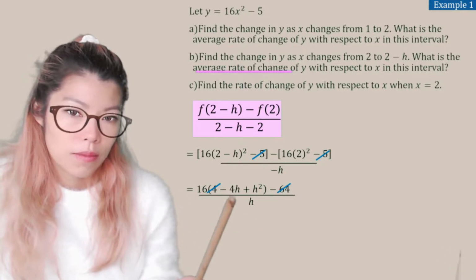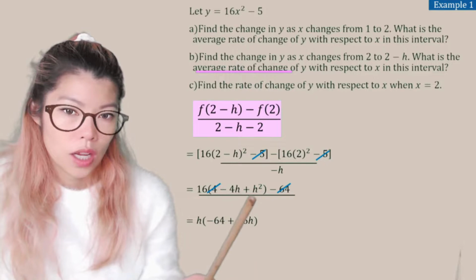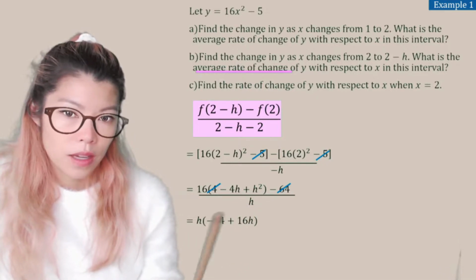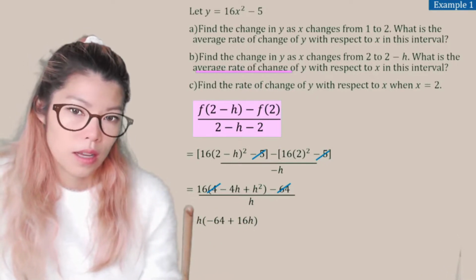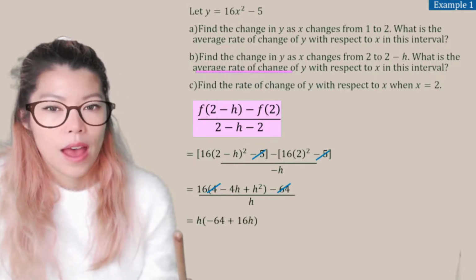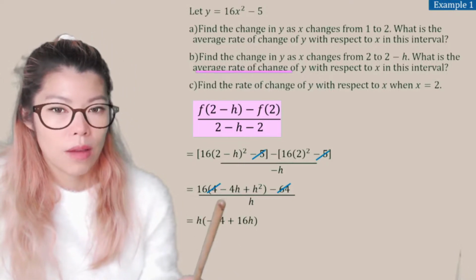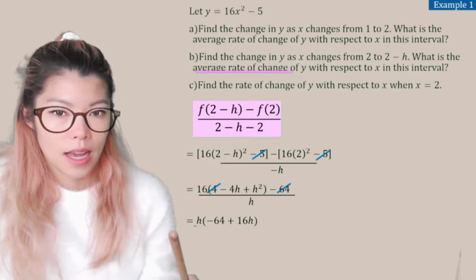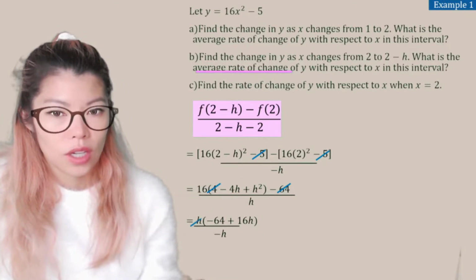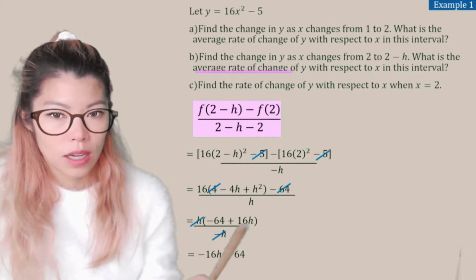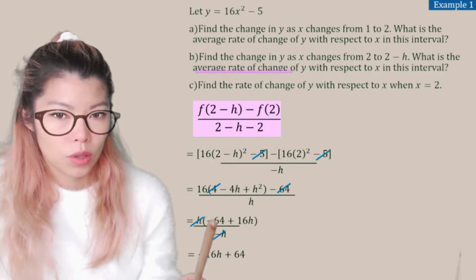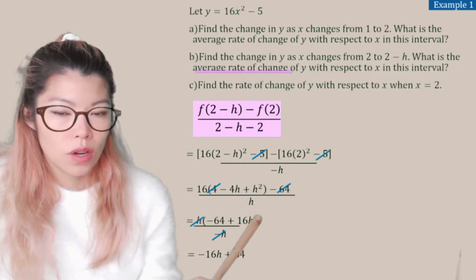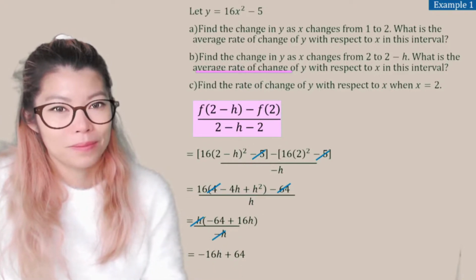But anyway, 16 times minus 4h plus h squared. We take the h out and put the 16 in. So we have h times minus 64 plus 16h over minus h, and cancel the h's out, and the minus, multiply that in. So we have positive 64 and minus 16h.